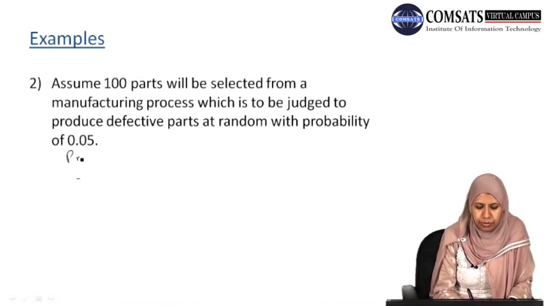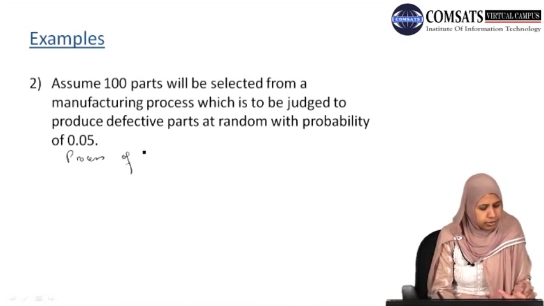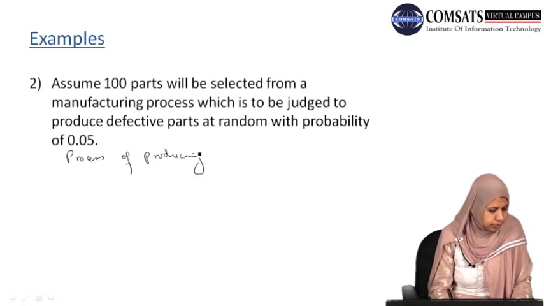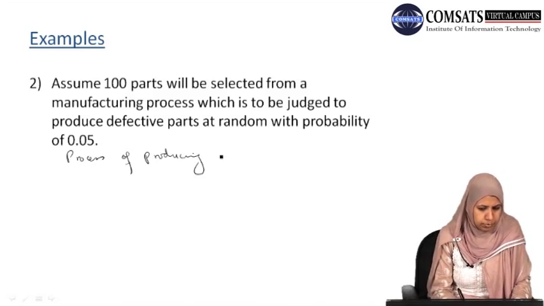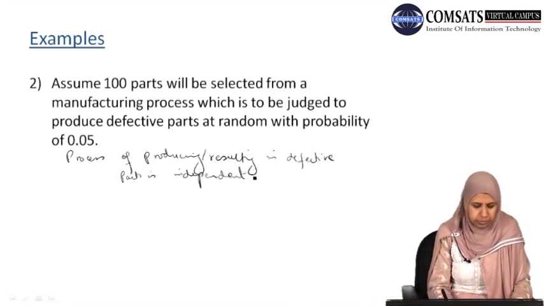Since the process of producing defective parts or acceptable parts is independent, resulting in defective parts is independent. So it is an example of a Bernoulli process.